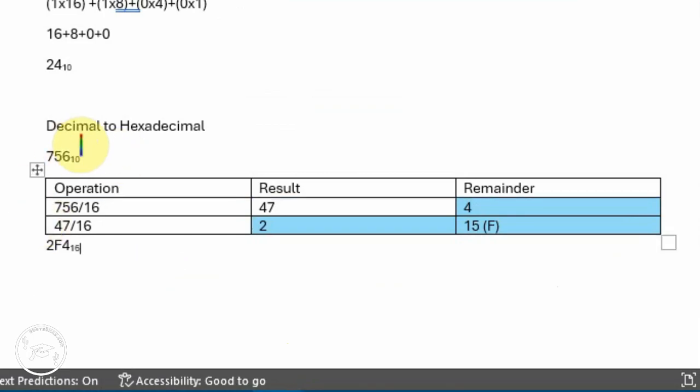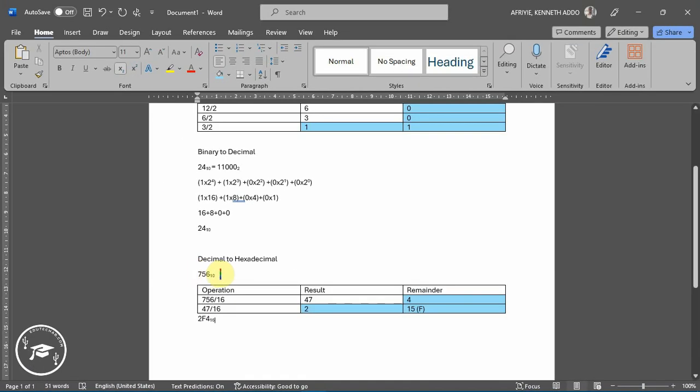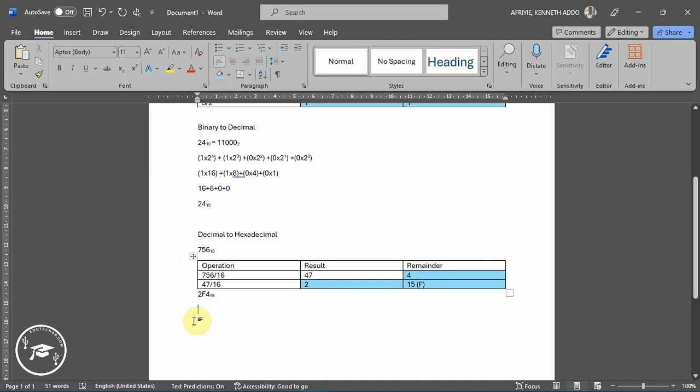Yes. So the number 756, which is in decimal, we convert it to hexadecimal, we get 2F4, which is in base 16. Great. So now let's convert this hexadecimal.